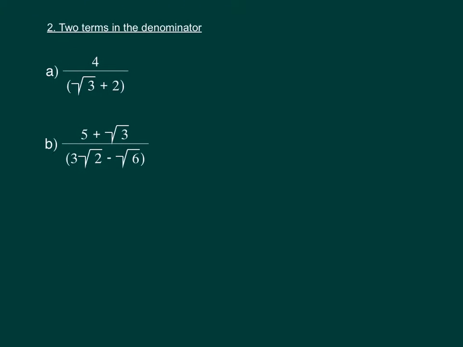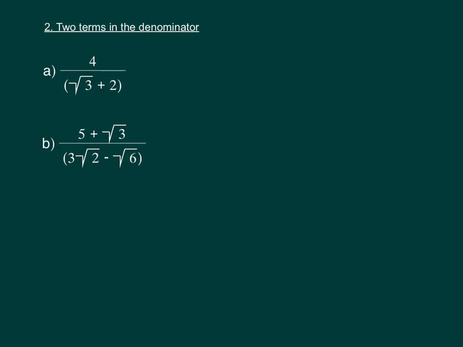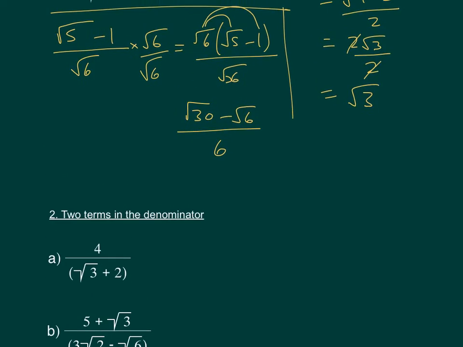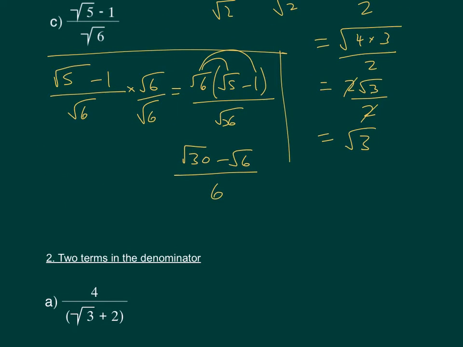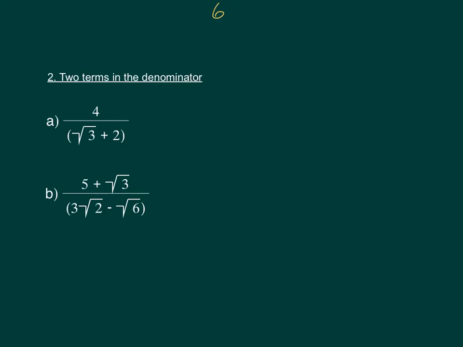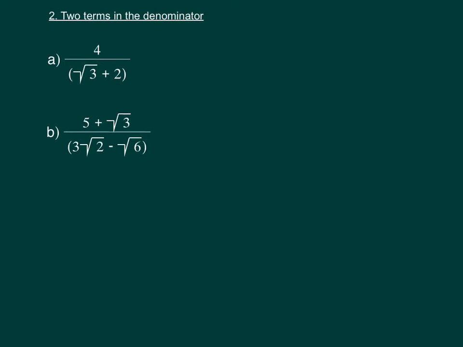denominator. Now the difference with this compared to the last one, if you remember, we were just multiplying top and bottom by whatever was in the denominator. So here it was over root 6, so we did root 6 over root 6. For the next one though, if we have a look at part A, we've got 4 over root 3 plus 2.